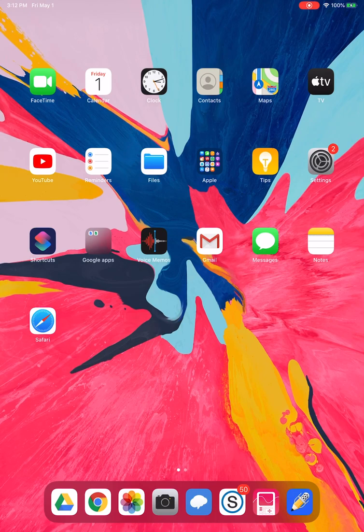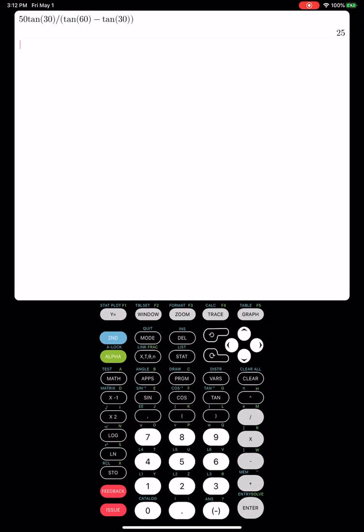On the calculator, they want us to do a log base 10 of 345. That's all we're going to do. And when we hit enter, it's going to give us 2.538. Piece of cake.